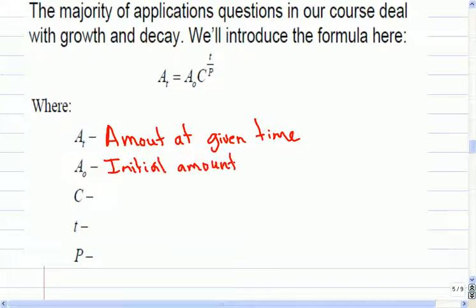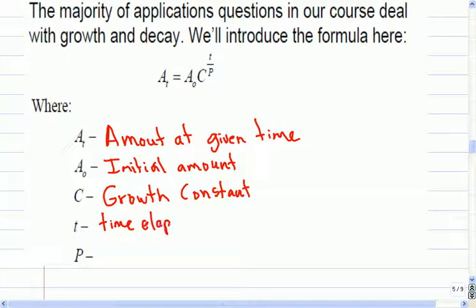So C is what we're going to call the growth constant. And T, this is the time elapsed. And P is the growth period. So these two things are connected.